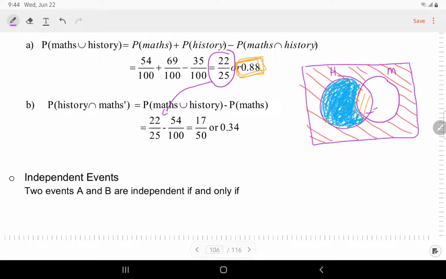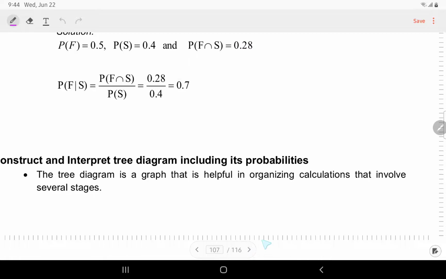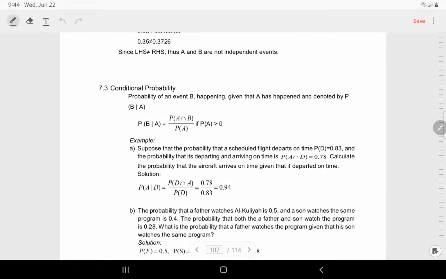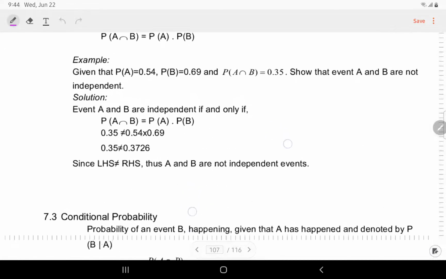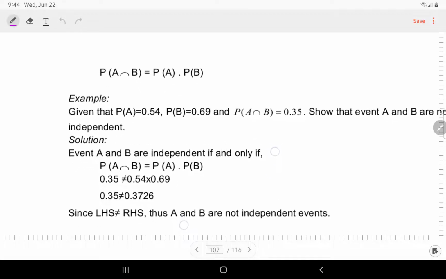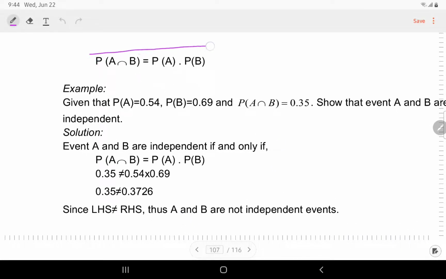Okay, next, independent event. Okay, what is the meaning by independent event? Okay, consider that we have two events, A and B. So we call A and B are independent if it satisfies this formula.